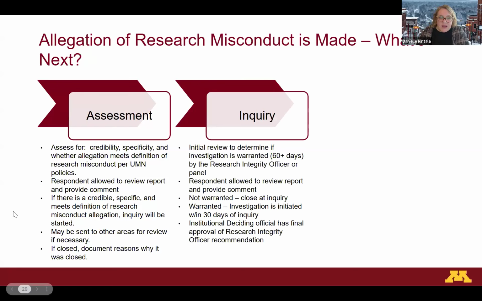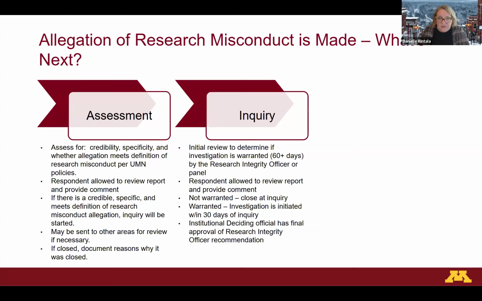So if the allegation is determined to need further review, we'll go into what's called an inquiry phase. And in the inquiry phase, we carefully examine evidence. This is where we will go into a lab and sequester data. That may mean that we actually take whole pieces of equipment, or we are working with our team from information security to collect data from equipment.